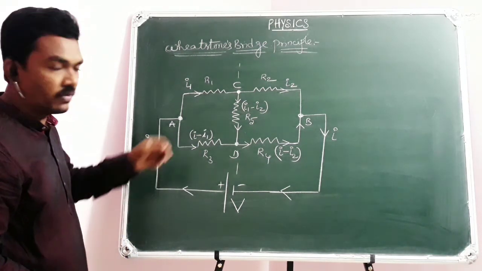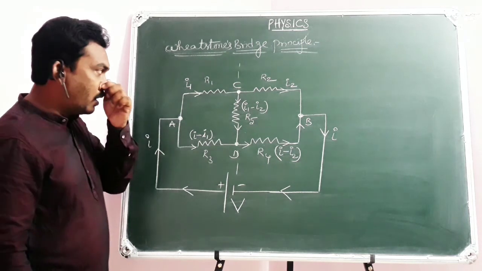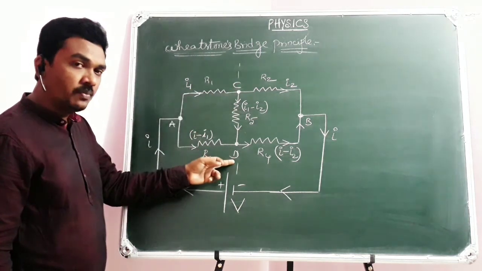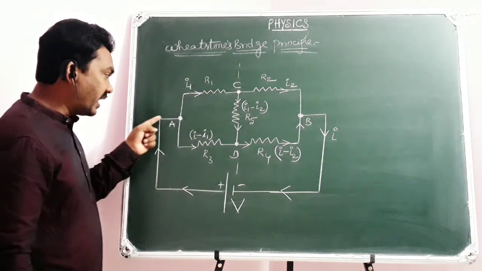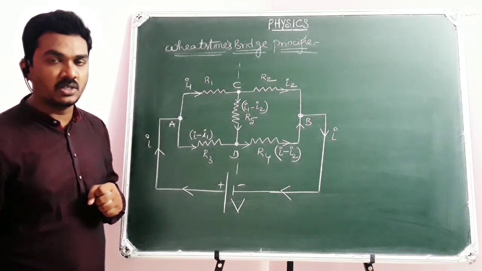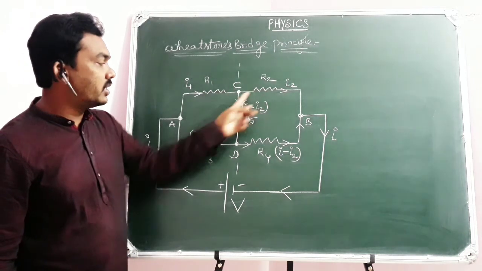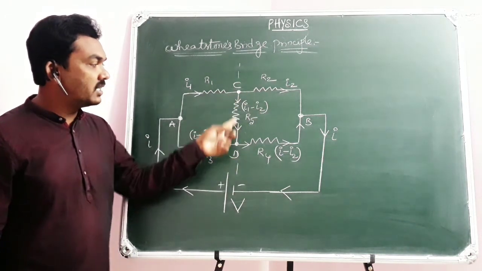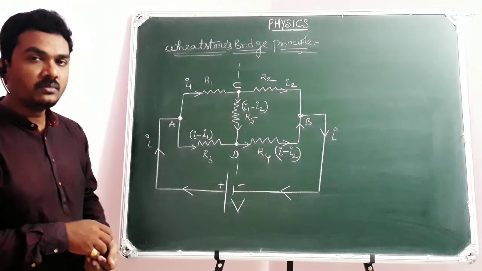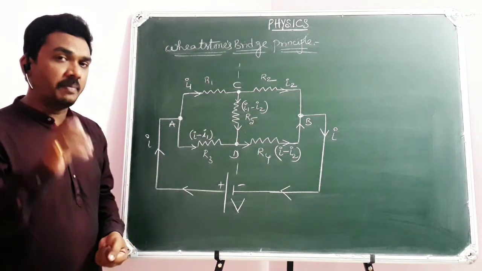Hope you can study it carefully. There will be a combination of 5 resistors, so that if R1 by R2 equals R3 by R4, C and D will be at the same potential. Yes, this can be proved like in capacitors.